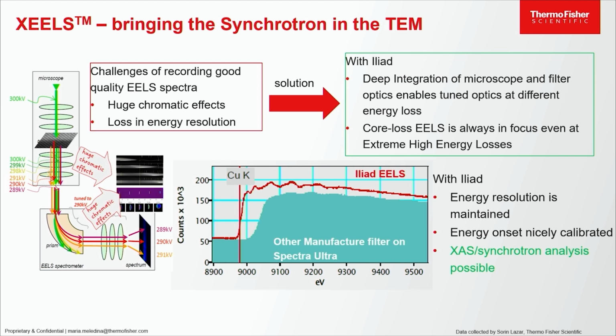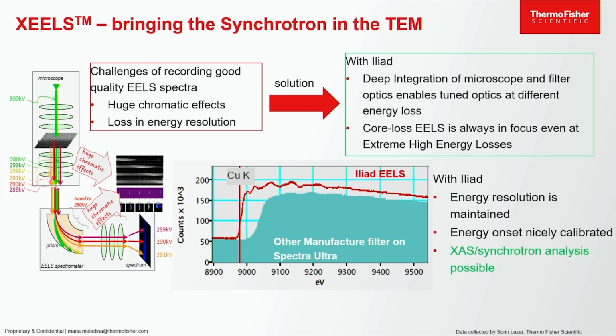And usually the challenges of doing this kind of stuff with EELS are related to the huge chromatic aberration when you are looking at these high HTs, and loss in energy resolution, basically. I will not go back deep into the optics, but actually with Iliad, a lot of nasty things are fixed thanks to the integration.